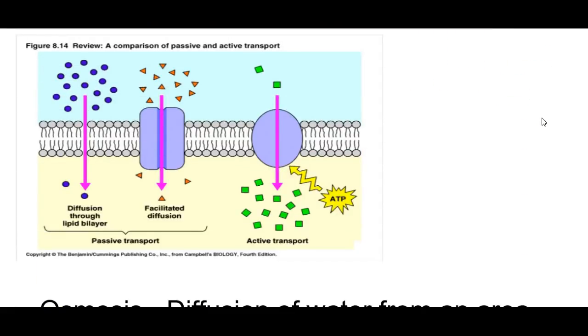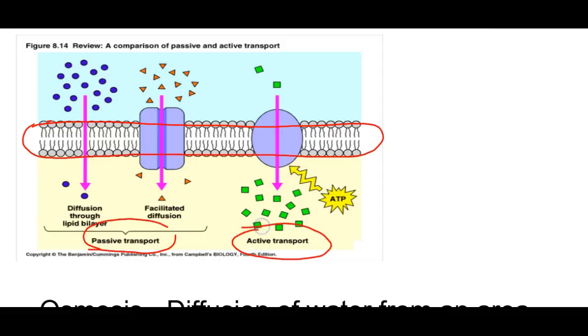Now, because we have a membrane that serves as a boundary and regulates what goes into and out of a cell, it gives rise to cell transport. It's really important for cells to be able to transport materials to and from the cell. There is a distinction between passive transport and active transport.